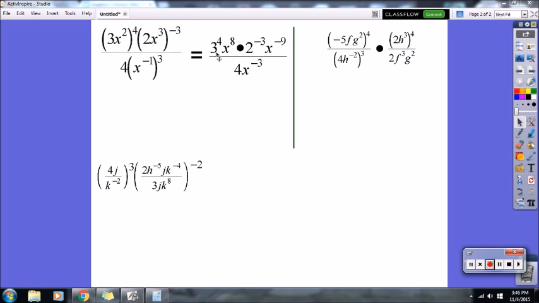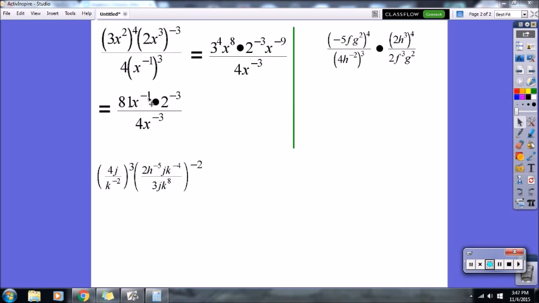I'm also going to evaluate 3 to the 4th and go from there. That leaves me with 81 times x to the negative 1, because 8 plus negative 9 is negative 1, and then times 2 to the negative 3. In my next step, I'm going to combine my like bases, the x's.